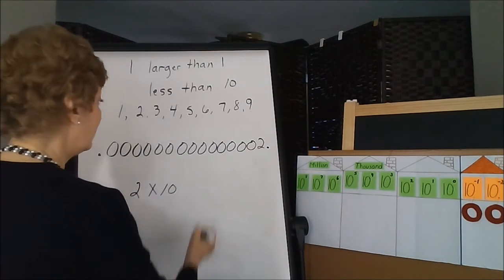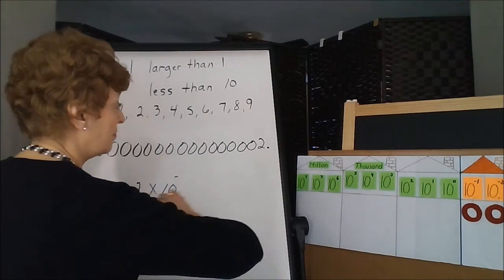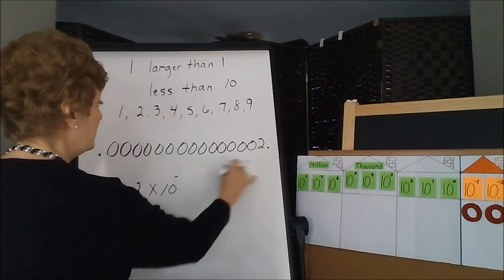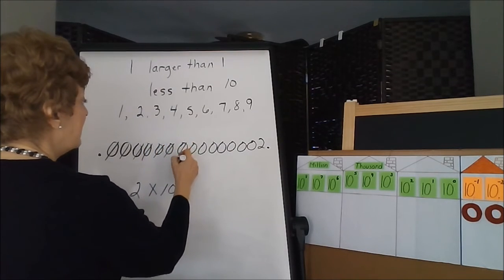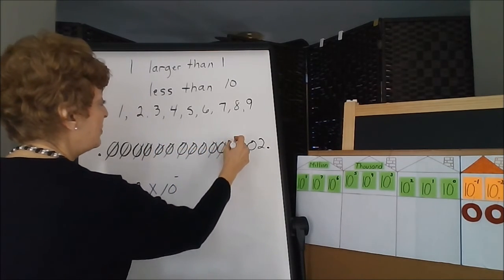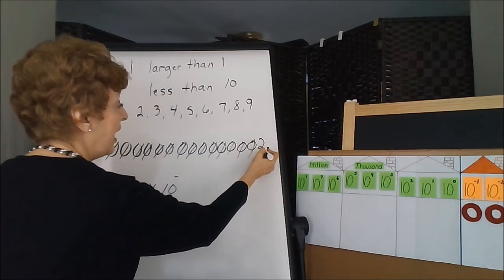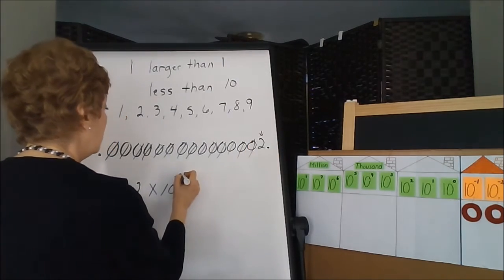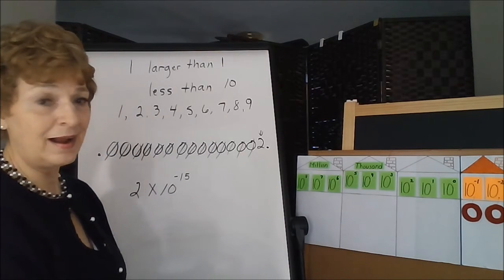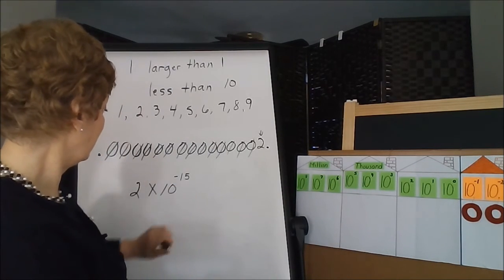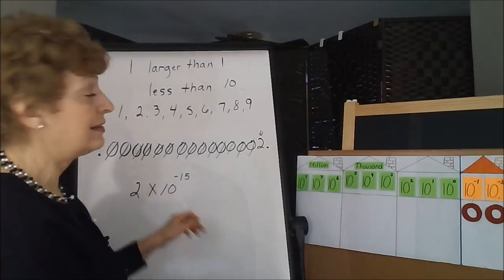We know it's negative because we're going to the right. This decimal point is moving to the right. 1, 2, 3, 4, 5, 6, 7, 8, 9, 10, 11, 12, 13, 14, and I'm counting this one too, 15, because we have to hit the decimal point in order to make our number. So this would be 2 times 10 to the negative 15.